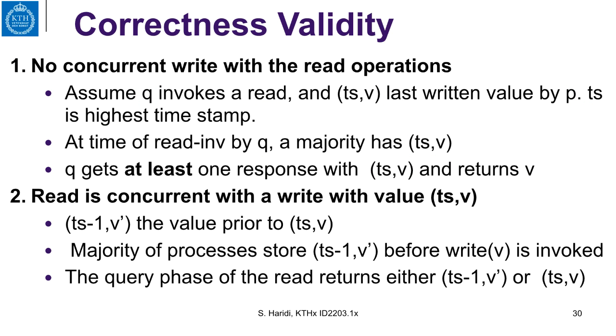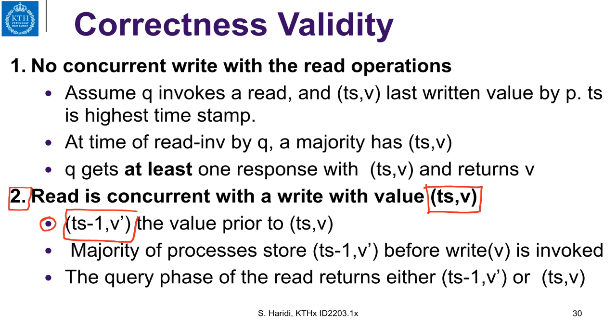Now let us consider the second case where the read operation is concurrent with the write, and that write has the timestamp value pair TS and V. The previous write before this write operation will have the timestamp TS minus 1 and the value V prime for arbitrary value V prime.